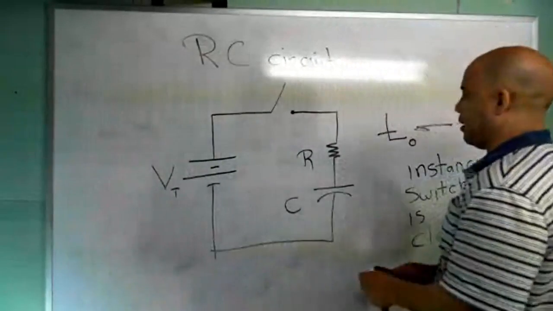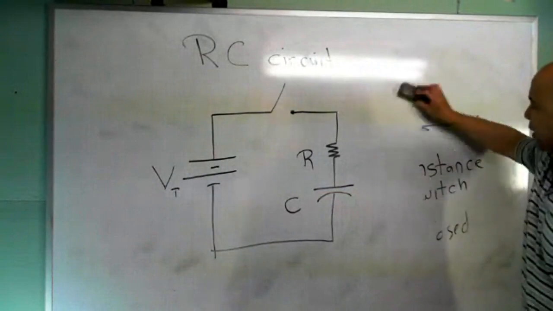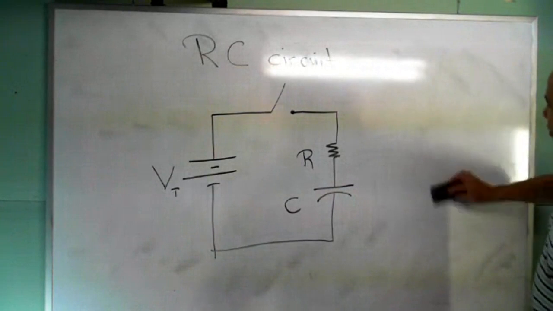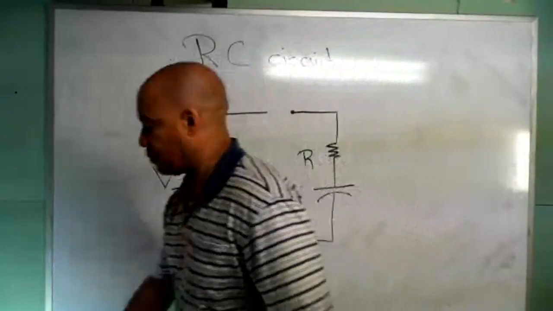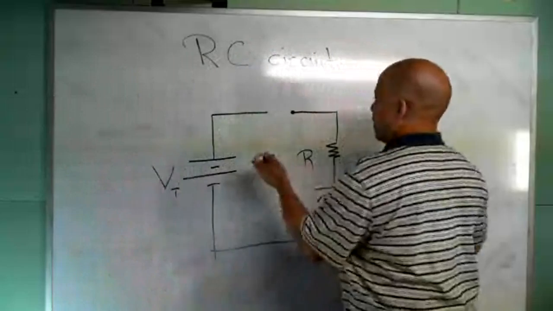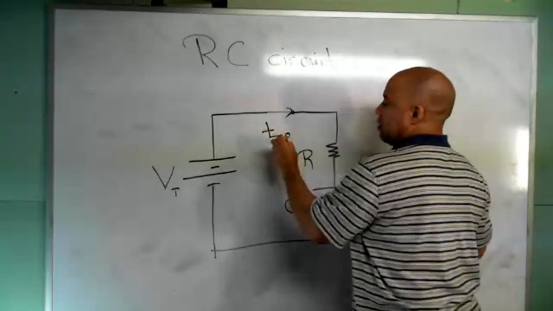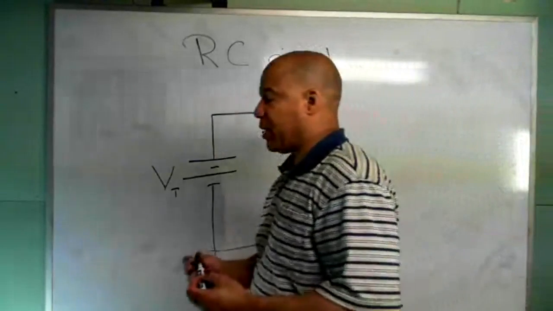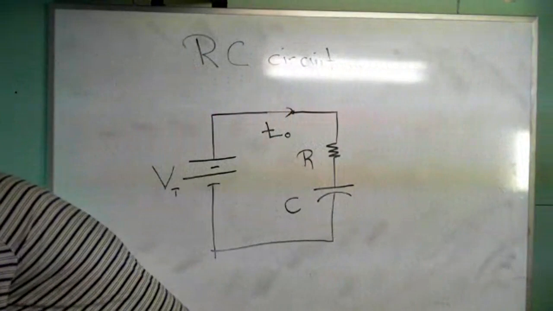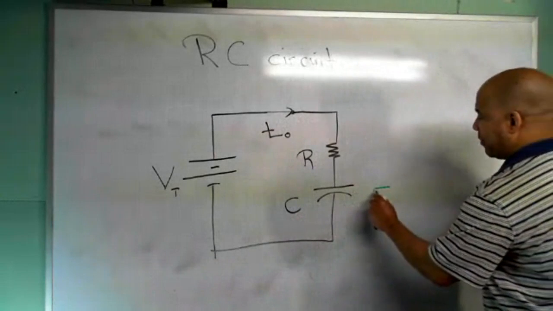I'm going to put some values over here. So I'm going to close the switch. And then at T0, the instant I close the switch, there is no charge in the capacitor.